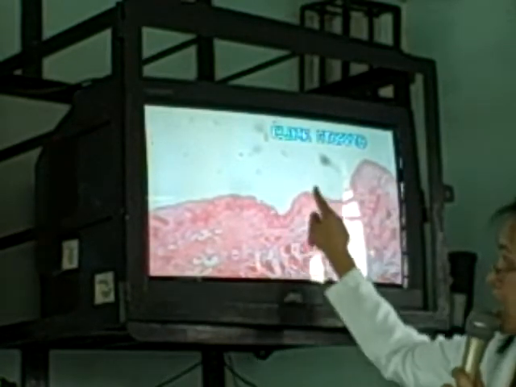So this area, class, is your vermilion border, or simply called the red border. It is the transition area from keratinized portion to non-keratinized, or non-keratinized to keratinized portion of the lips.